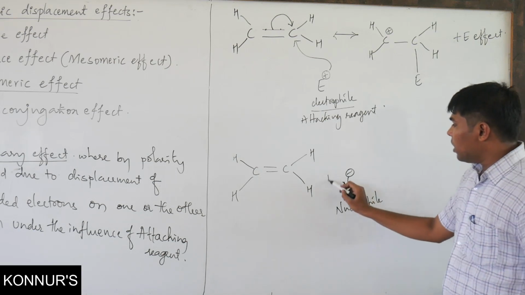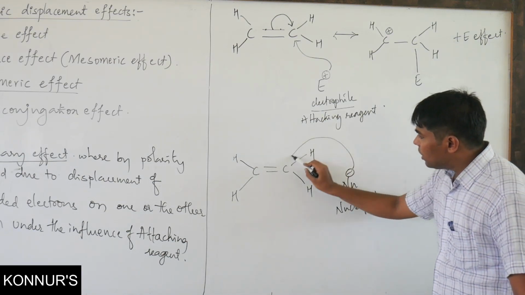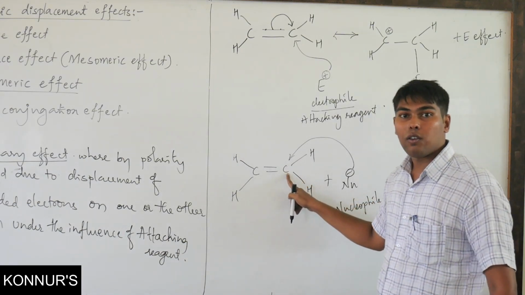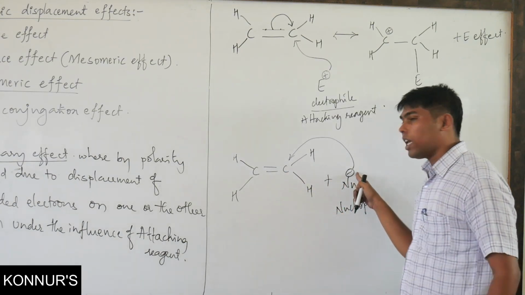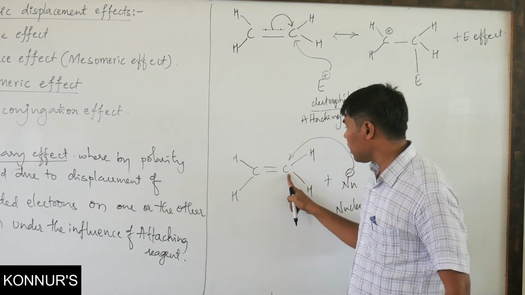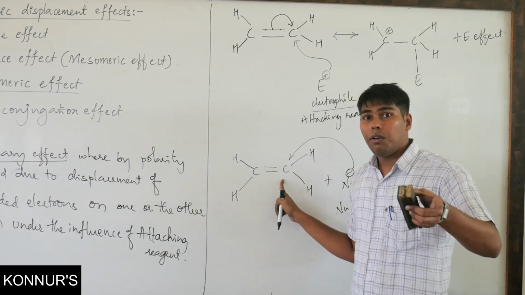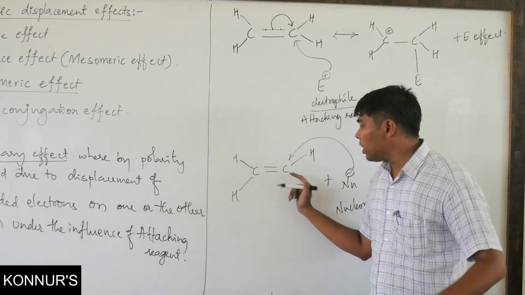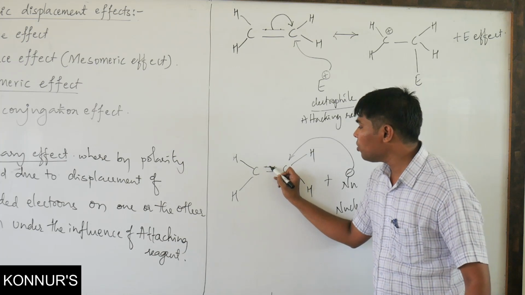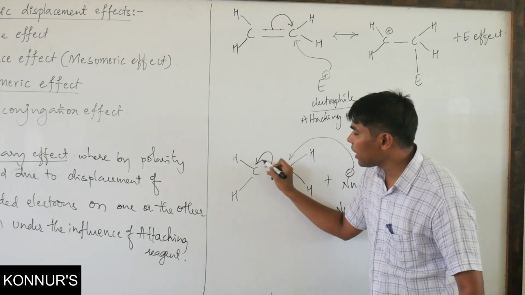Here what happens is that in order to attack this position, this carbon should be electron deficient, because the nucleophile is the electron rich center. In order to be the electron deficient center, this carbon should lose the pi bonded electron, so that the electron displacement takes place like this.